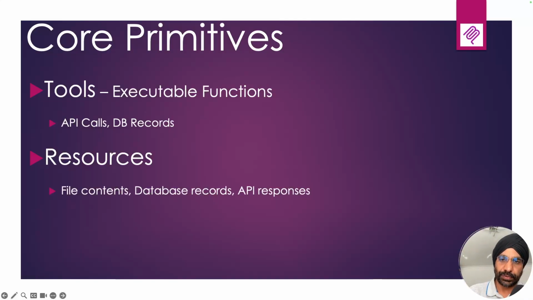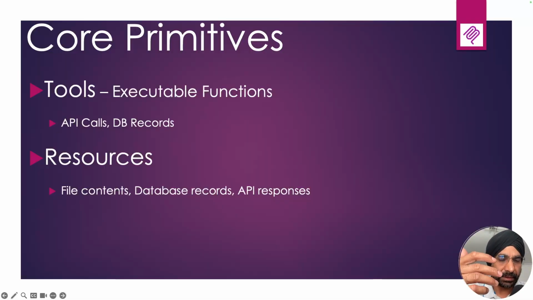Second is resources. Resources can be seen as read-only information which you would like to access in your AI assistant or your AI application to have more context. For example, you want to read something from a file. You don't want to change the file. If you want to change the file, then obviously you will be building tools. But if you just want a capability of reading some stuff, you would be using the resources primitive.